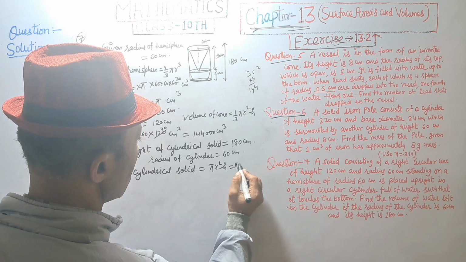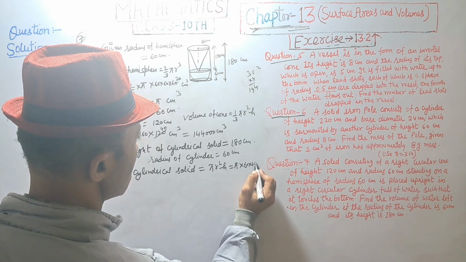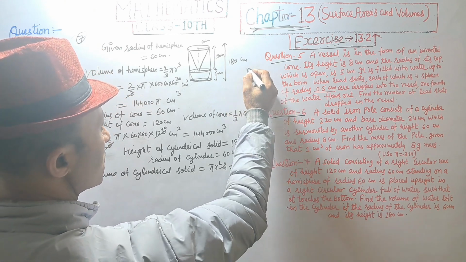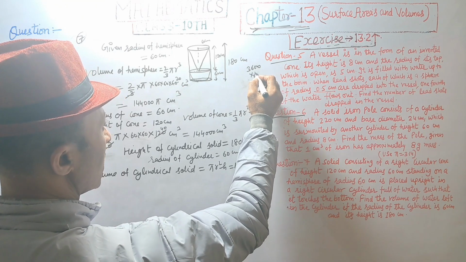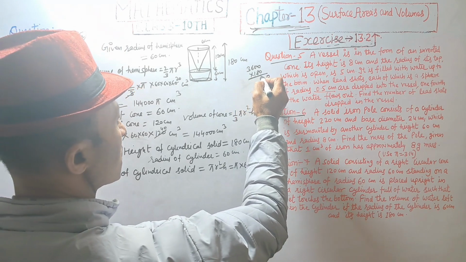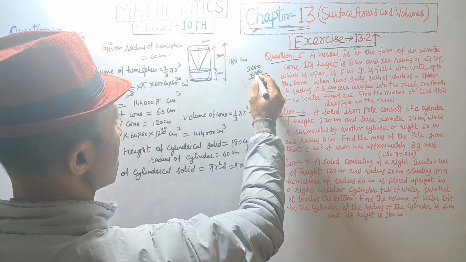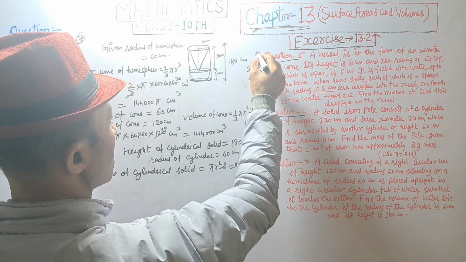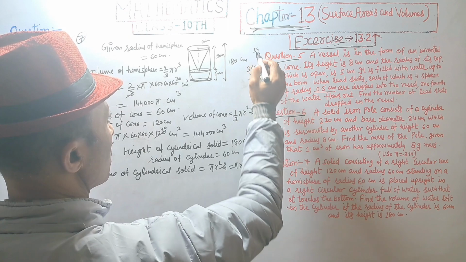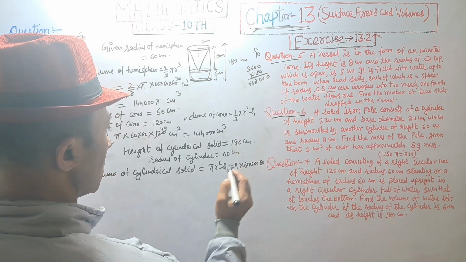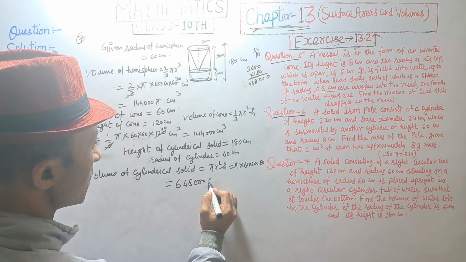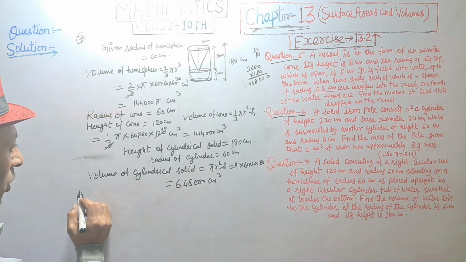That is equal to pi into 60 into 60 into 180. 60 60s are 3600, multiplied by 180, we get 648,000 pi centimeter cube. Volume of the cylindrical solid.